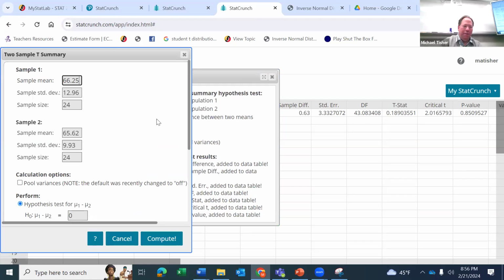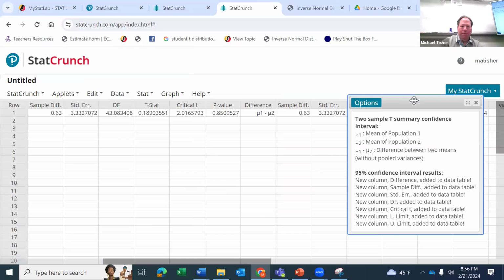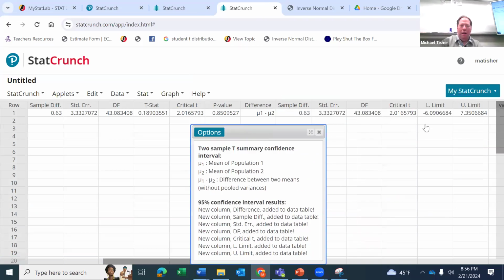All right, I didn't choose confidence interval. Let me scroll down again. Okay, this time I have to choose confidence interval. Choose that, and then compute. Try this again. And the confidence interval is always the L limit and U limit.